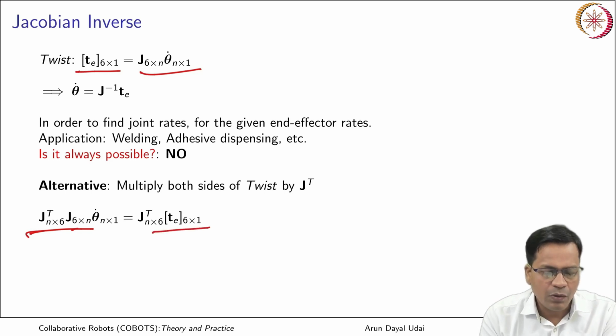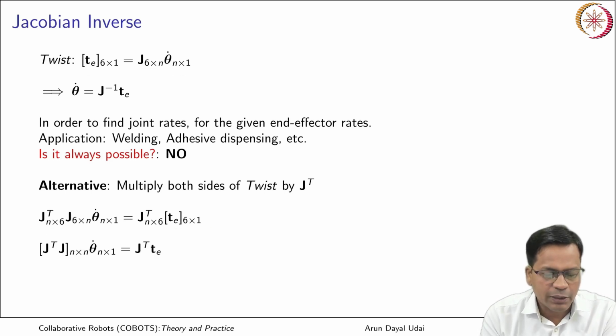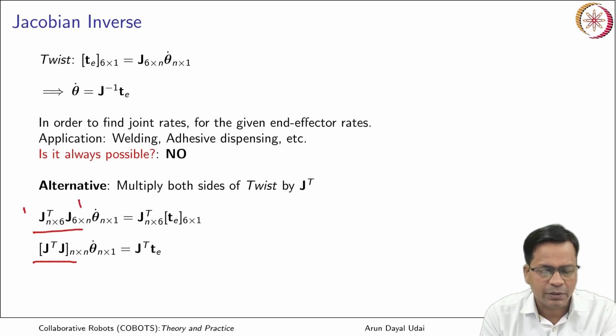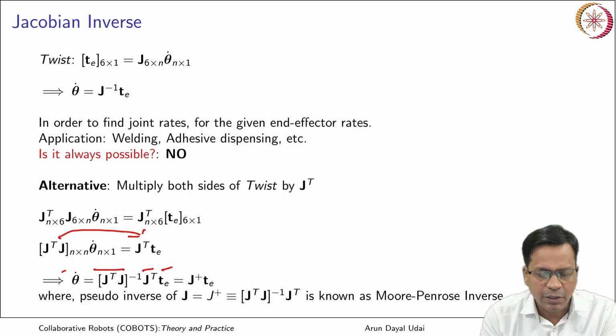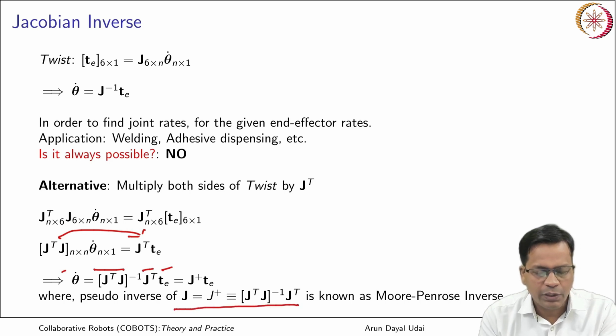Now J transpose J is an n cross n matrix, so if you take the product, it becomes a square matrix. Now this is invertible, so theta dot can be found by taking this inverse to the other side: Jacobian transpose TE, and this term is known as the pseudo inverse. It is also known as the Moore-Penrose inverse.